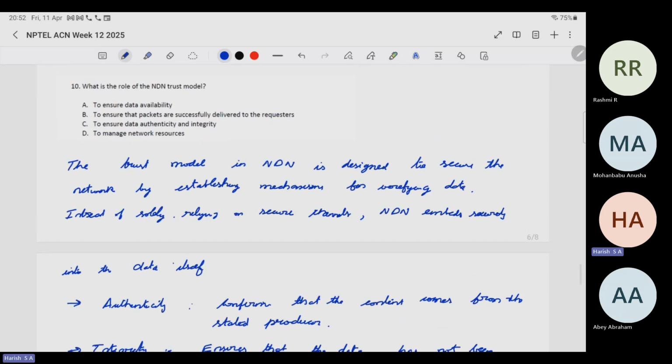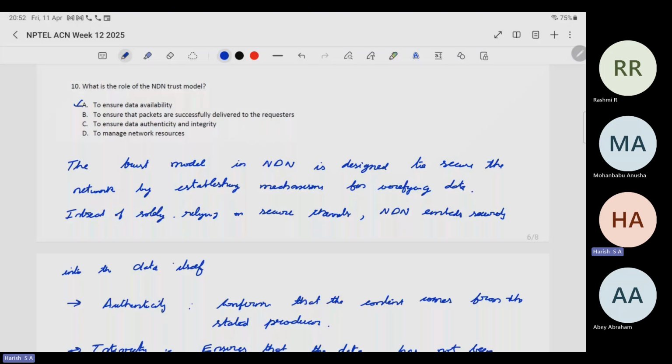If you look at the options, the role of NDN's trust model is to ensure data availability. No, not really. Is it to ensure that packets are successfully delivered to the requester?